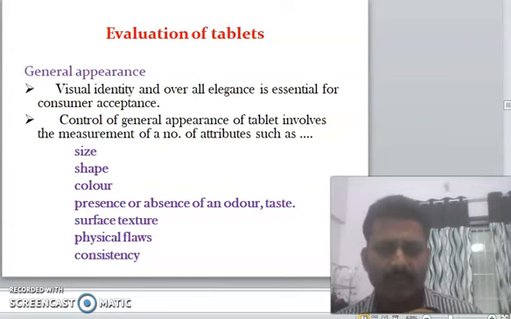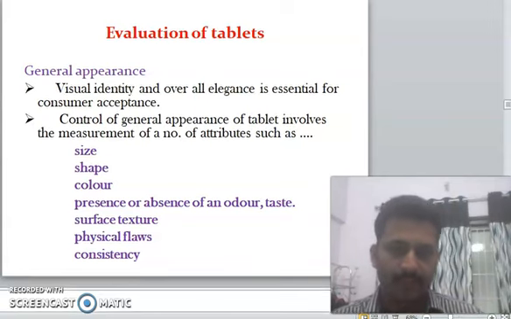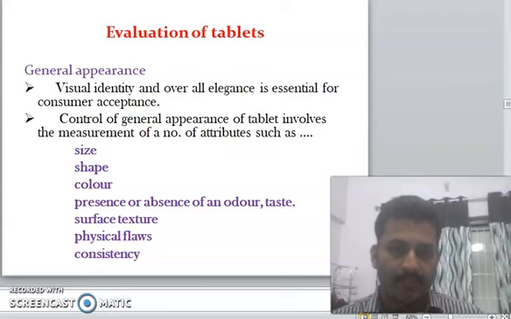The control of general appearance of tablets involves the measurement of a number of attributes, such as uniform size, shape, uniform color, presence or absence of an odor or a taste, surface texture, physical flaws, and consistency. All of this contributes to the general appearance.